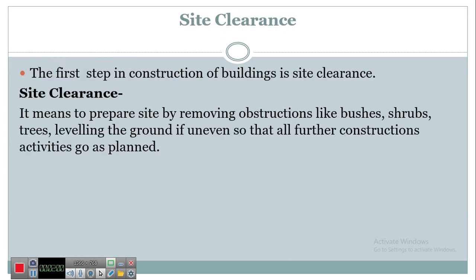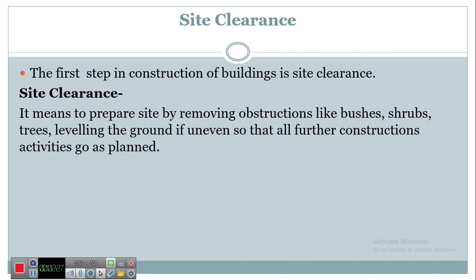First is site clearance. In the first step of construction of a building is site clearance. It means to prepare the site by removing obstructions like bushes, shrubs, trees, leveling the ground if uneven, so that all further construction activities go as planned. So before the actual construction happens, site clearance needs to be done.